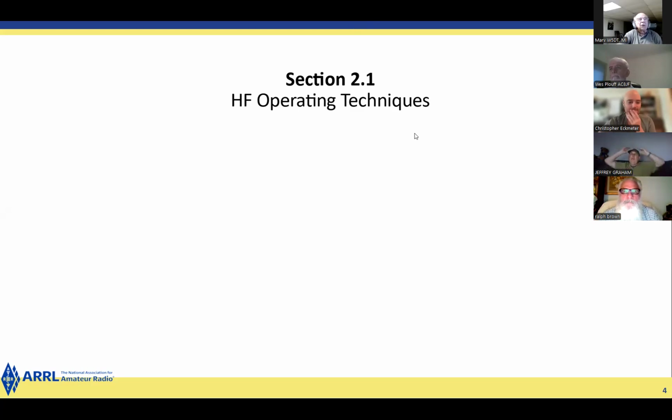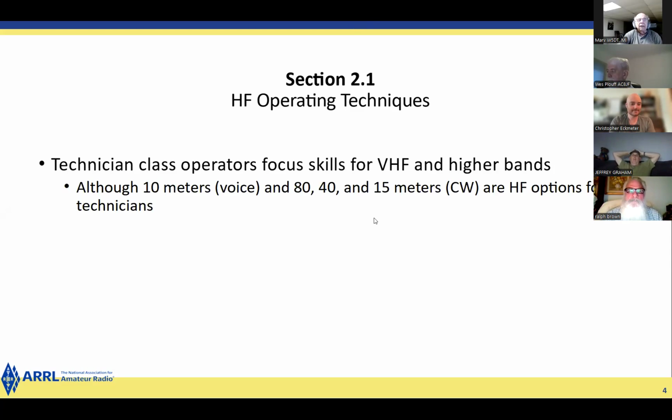Okay, so we're on operating techniques. You guys have gone through the technicians class, and you've worked VHF, and you've had some HF privileges on 80, 40, and 15 meters, and 10 meters with CW if you wanted to do it.